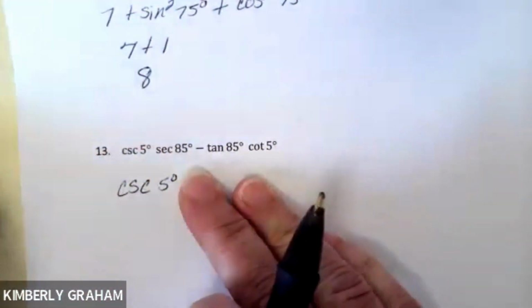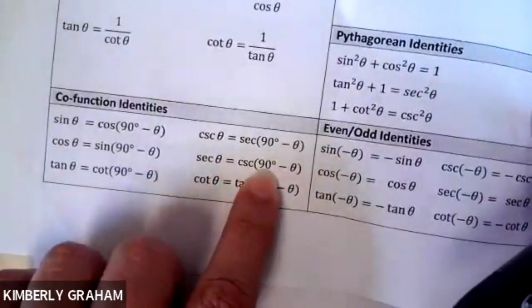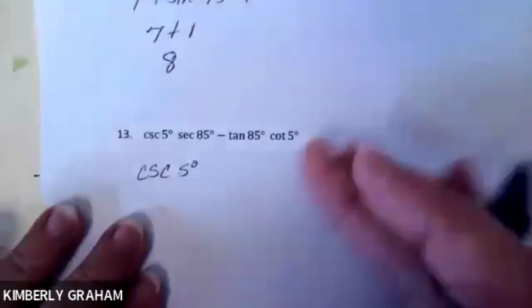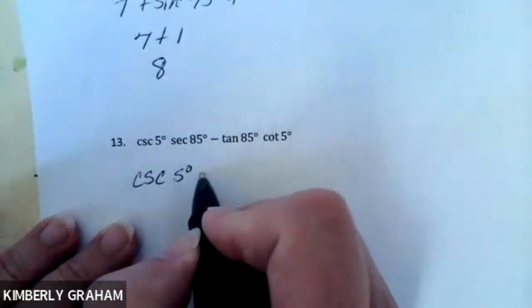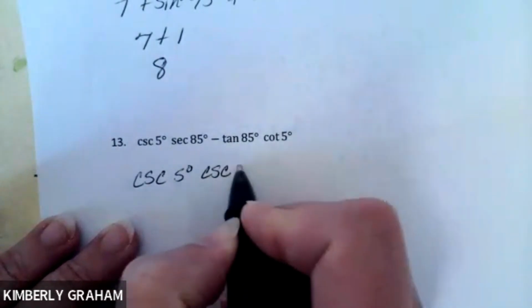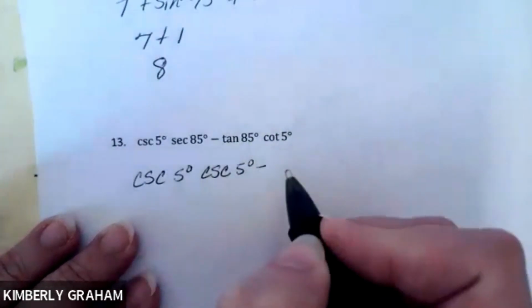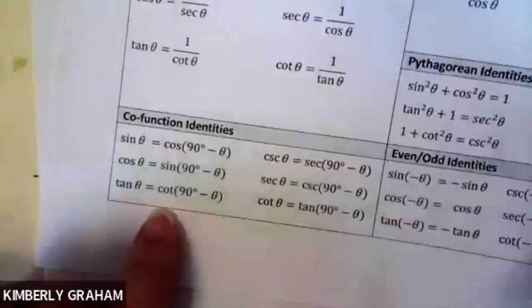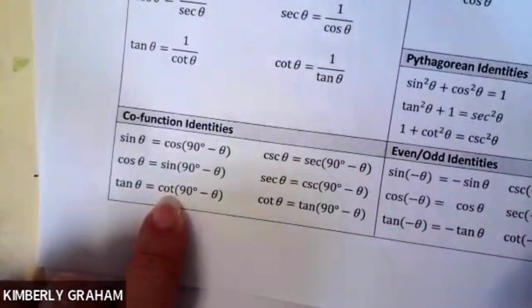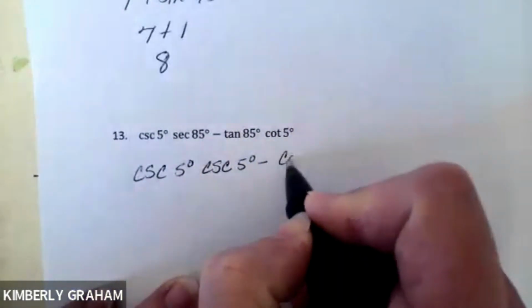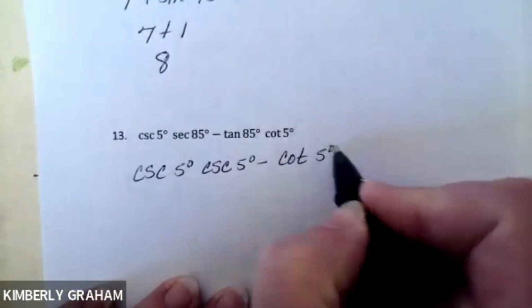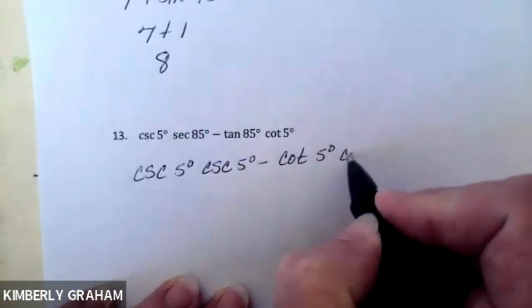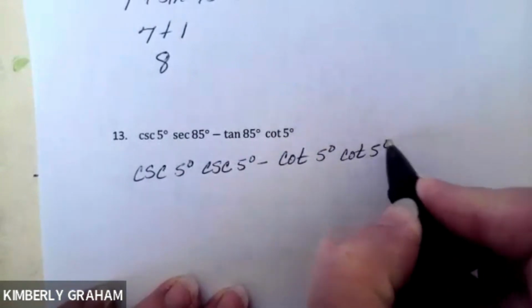So secant is going to become cosecant of 90 minus 85, which is 5. Tangent, I'm going to change to cotangent of 5, and this cotangent of 5 is going to stay the same.